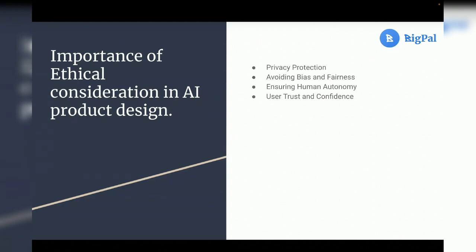So what they do is they make sure the terms of service and conditions are in the primary color, because they don't want to get into trouble of, oh, we did not see the terms and conditions, it was not bold enough. It can cause some serious issues. So privacy protection is very important. And yes, avoid bias and ensure fairness. Don't pay more attention to any part of the world, any particular race, any particular community.